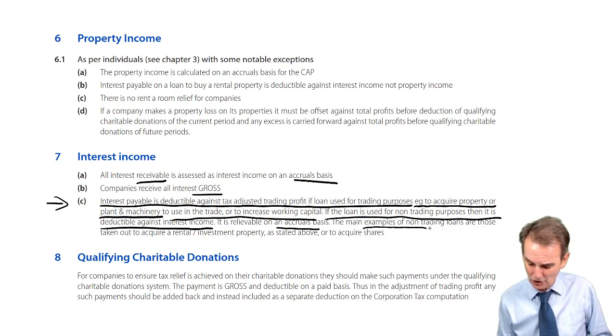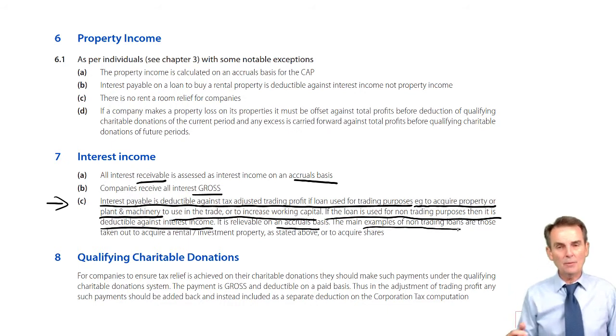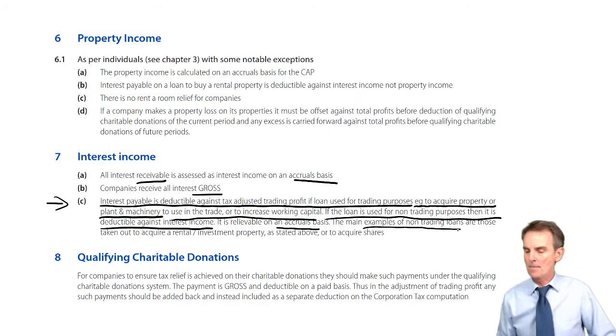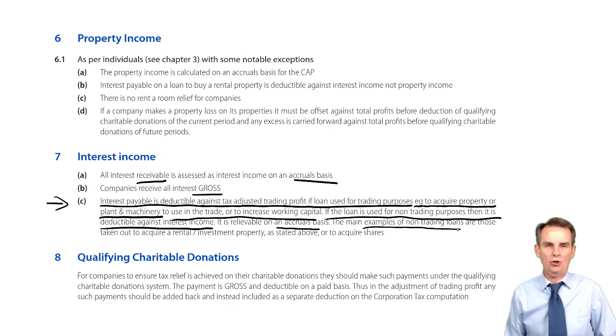Main examples of non-trading loans: we borrow to buy a property, but not a property that's used in the trade. We know that property income is a separate part of our corporate tax computation.